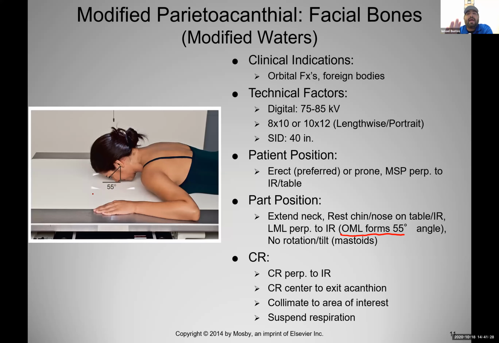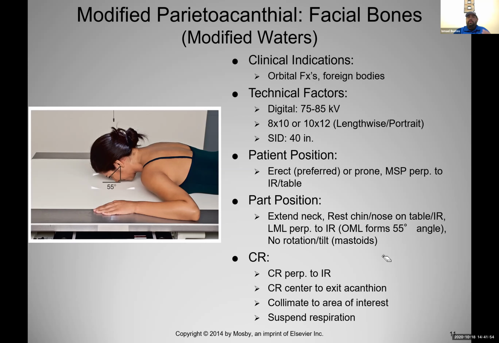When we put the MML perpendicular, you get a 37-degree angle between the OML and the table. When you put the LML perpendicular for the modified, you have a 55-degree angle between the OML and the table. There's no rotation, no tilt, CR perpendicular to the IR. You're still going to center to exit at the acanthion. That hasn't changed. Collimate and suspend respiration.